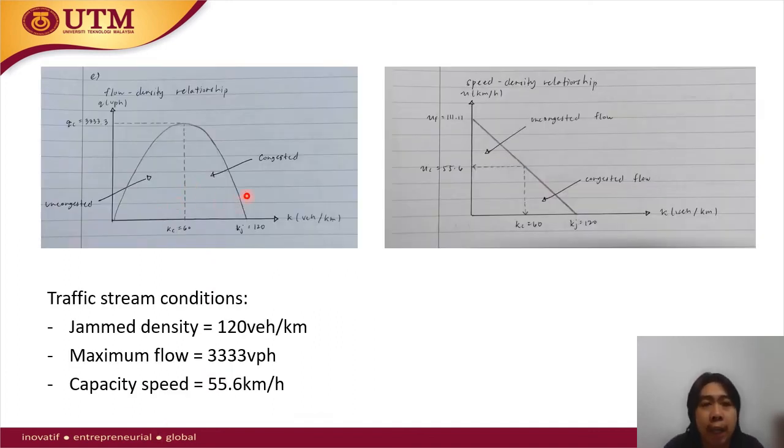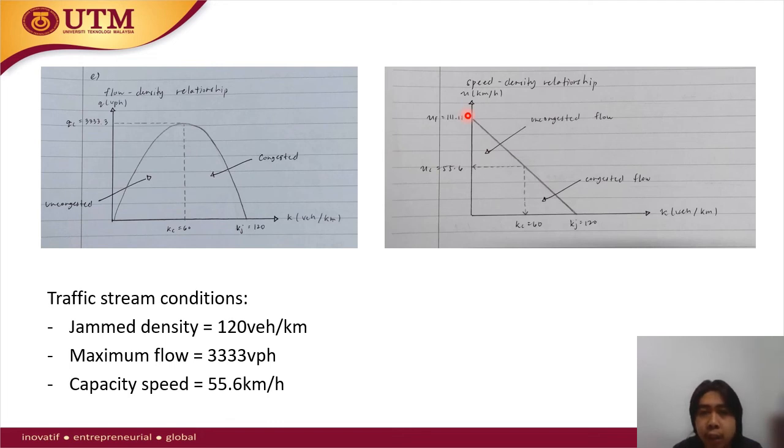Okay, for the last question, we were asked to draw the diagrams of the flow-density relationship and the speed-density relationship. First, I'm going to start with the speed-density relationship. As you can see, we start from the top, which is the maximum speed of the car, 111.11 kph. As cars continue to pass by, a lot of cars also occur at the same time.